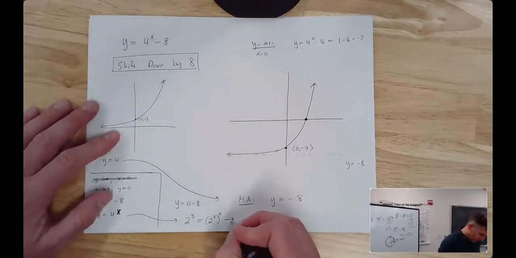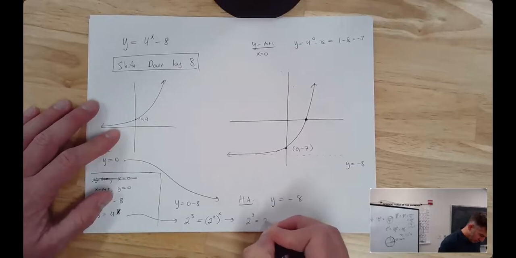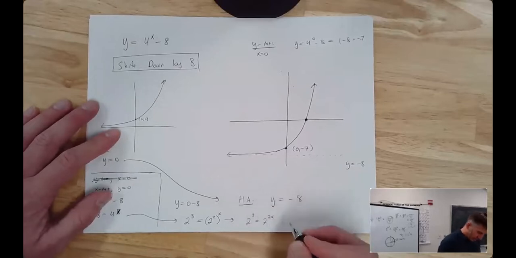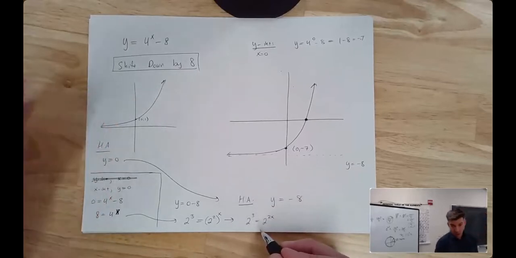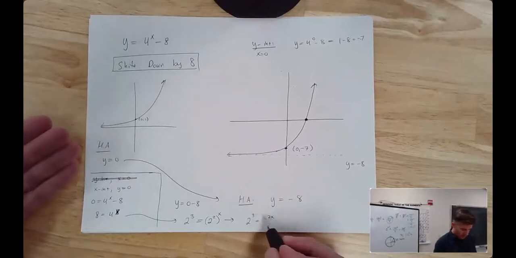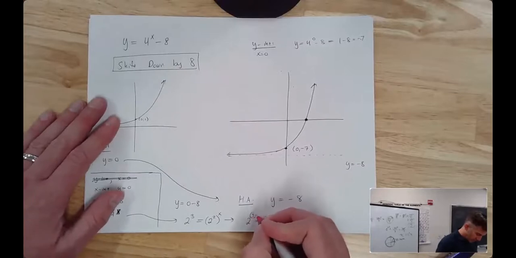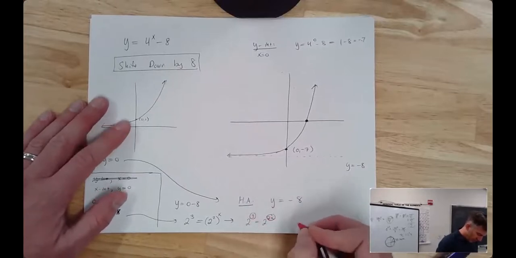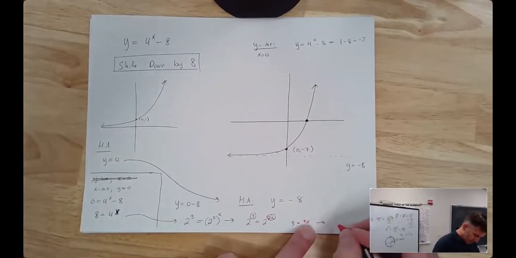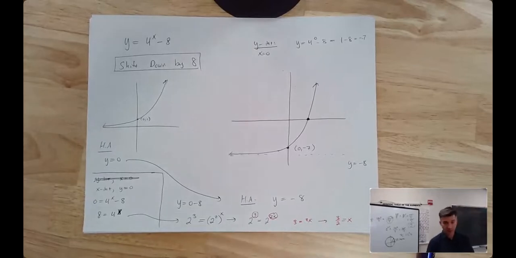So we end up with 2 to the third equals 2 to the 2x. If the bases are the same, which they are now, the only way for these two expressions to equal each other is for the exponents to be the same. So we have 3 equals 2x, which means 3 halves is equal to x. That is our x-intercept.